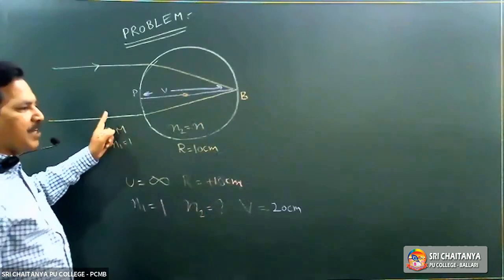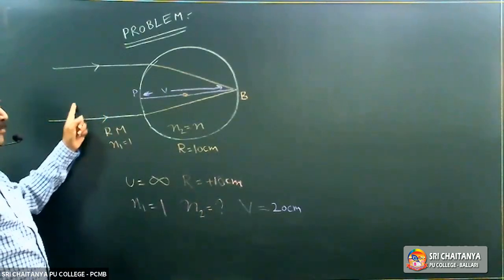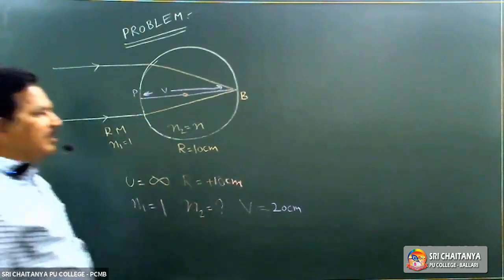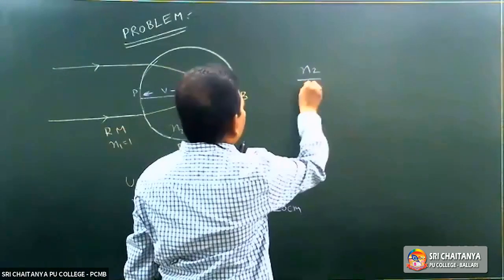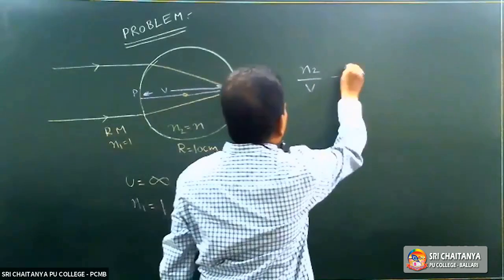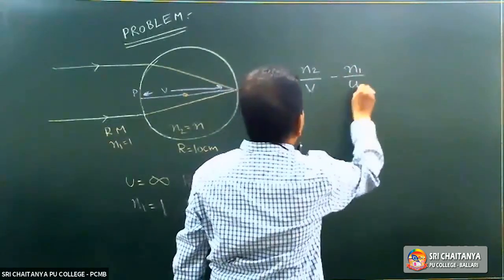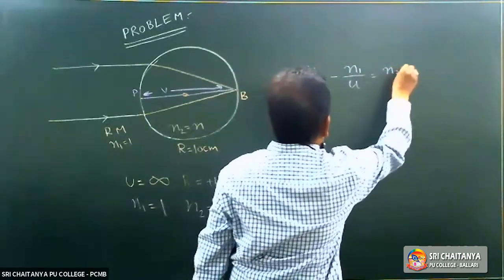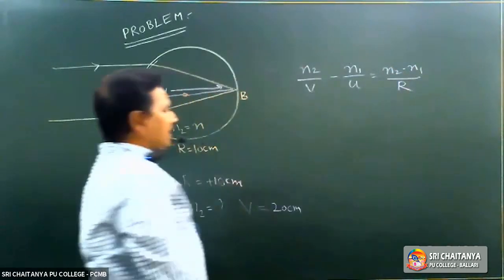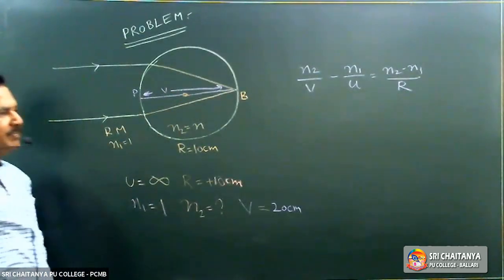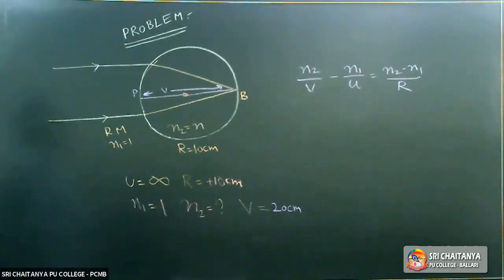So we know the formula. When the light ray travels from rarer to denser and refraction takes place at a spherical surface, the formula is N2 by V minus N1 by U is equal to N2 minus N1 by R.